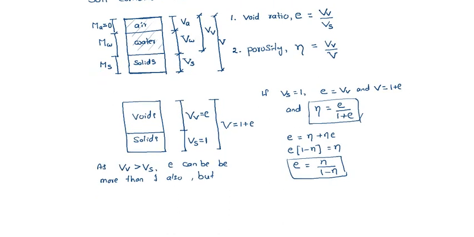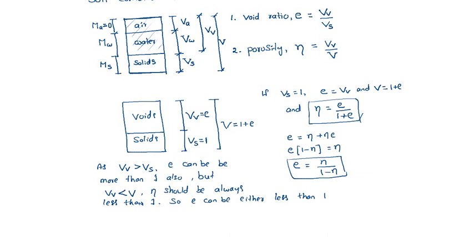But in the porosity formula, volume of voids is always less than V, so porosity should always be less than 1. e can be either less than 1 or more than 1, both are possible, but porosity is always less than 1.